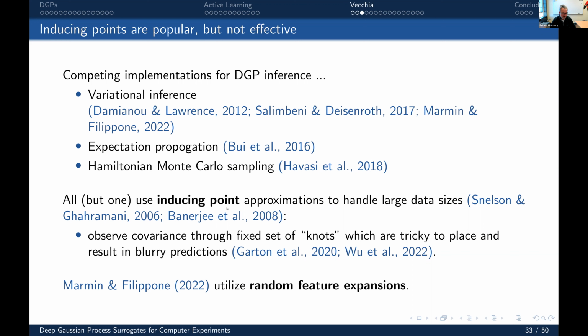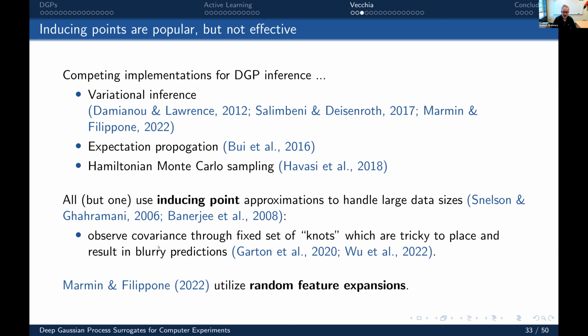An inducing point approximation is basically observing the covariance through a small set of reference locations or knots, or you could call it the predictive process. One paper uses something slightly different, but most of them use inducing points.